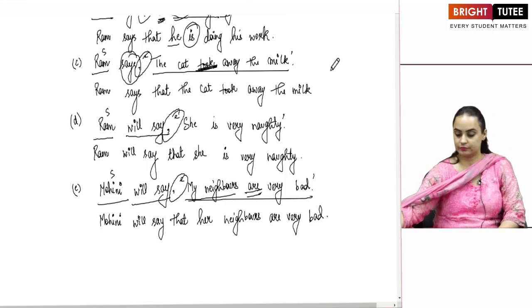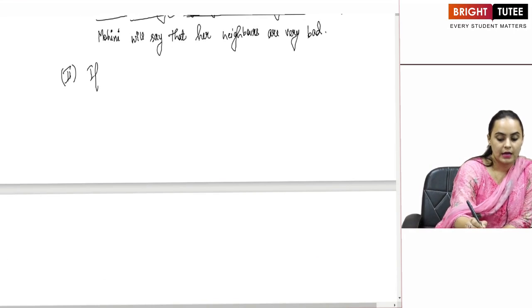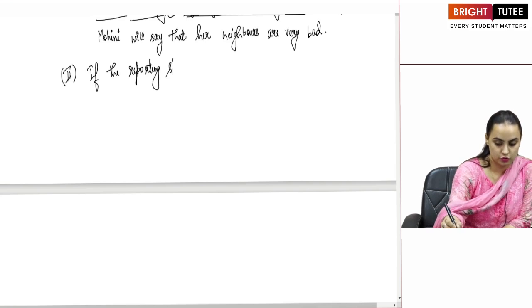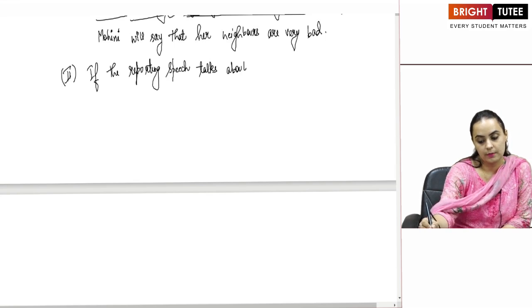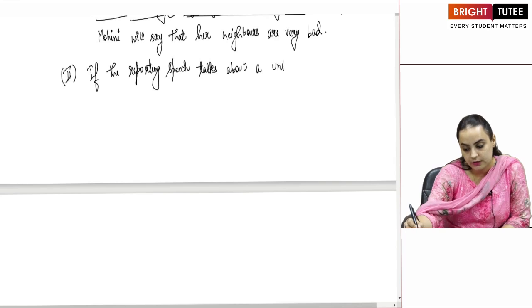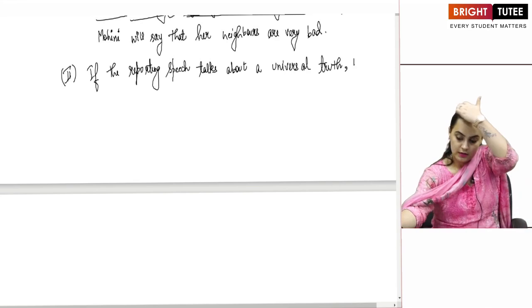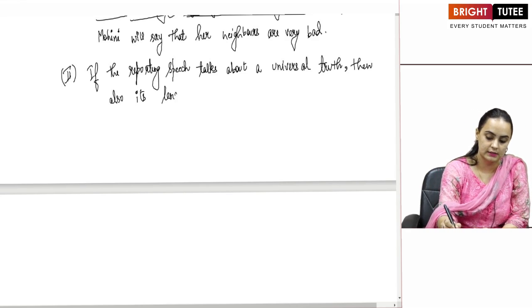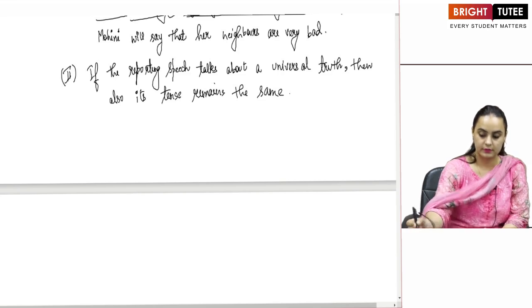Second rule. If the reporting speech talks about a universal truth, then also its tense remains the same.